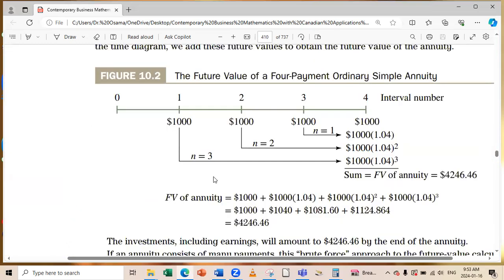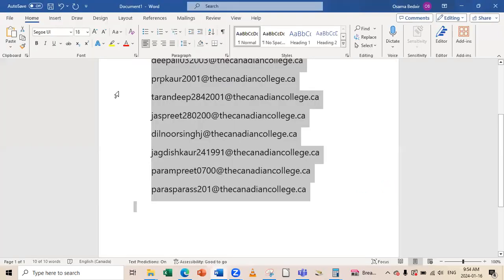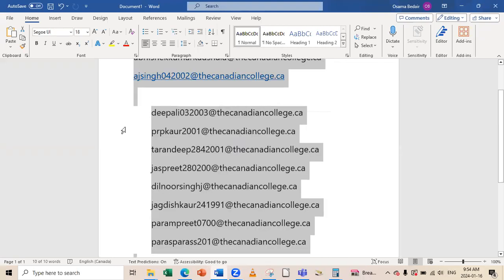Now let's go here and see what we are for. Let me give an example for the similar annuities and the unsimilar annuities.